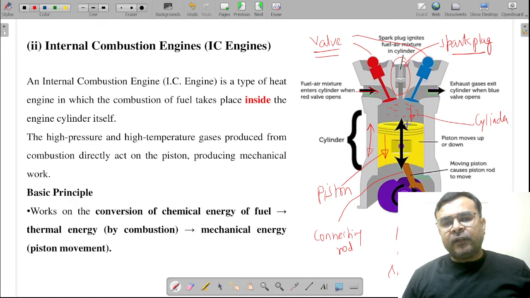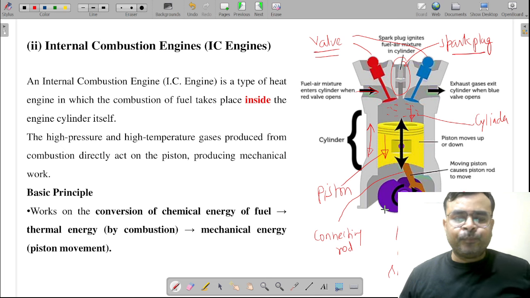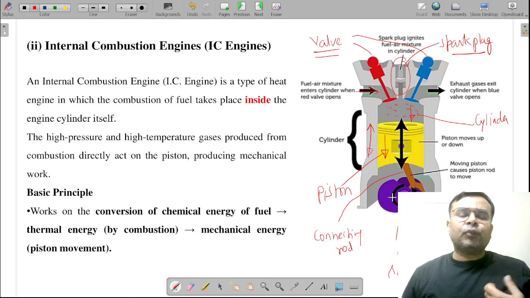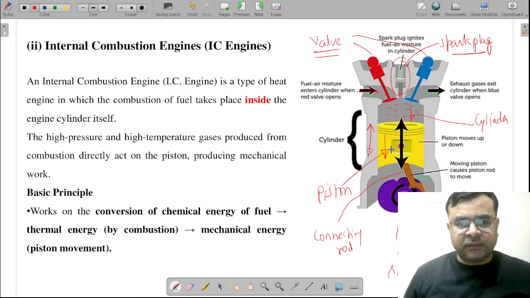Yes or no? And once it moves down, in this system we also have a flywheel which stores the energy, and of course this energy is further utilized in the remaining strokes. Is it right?